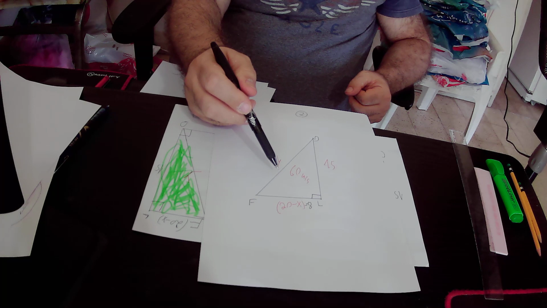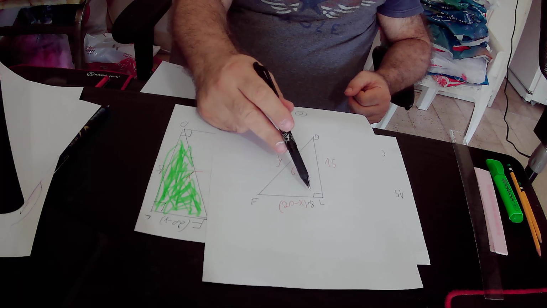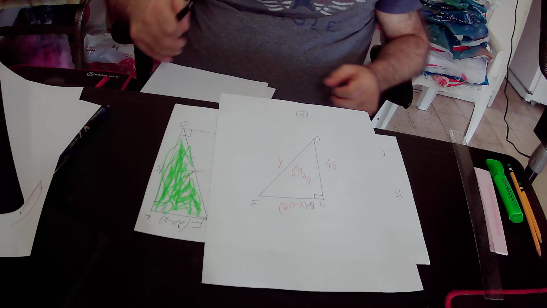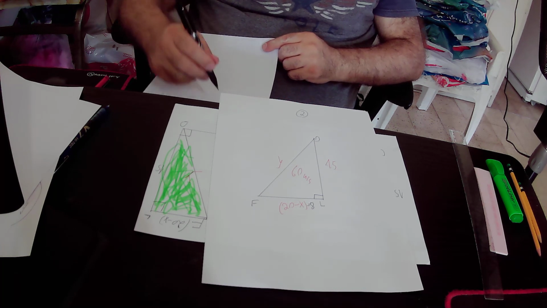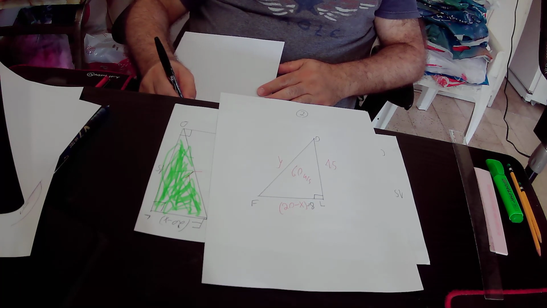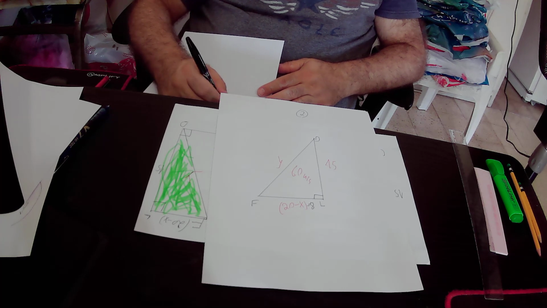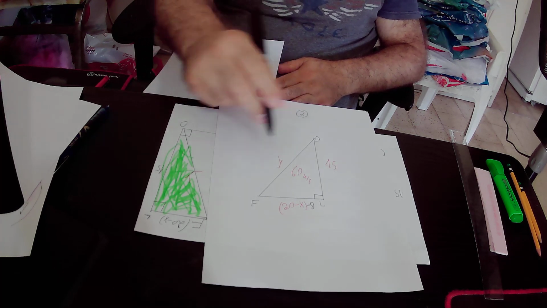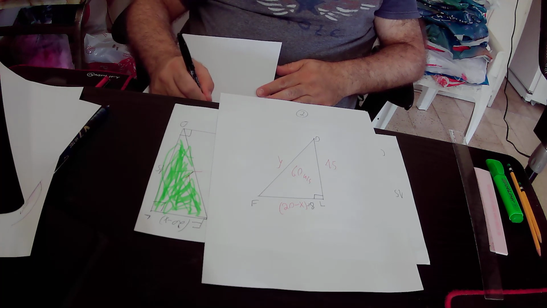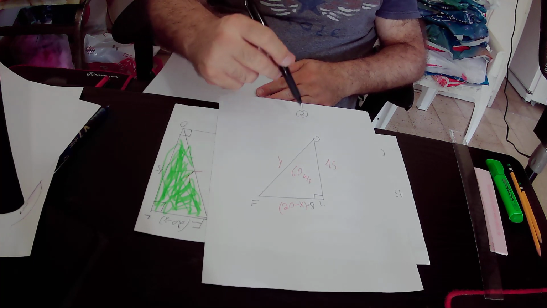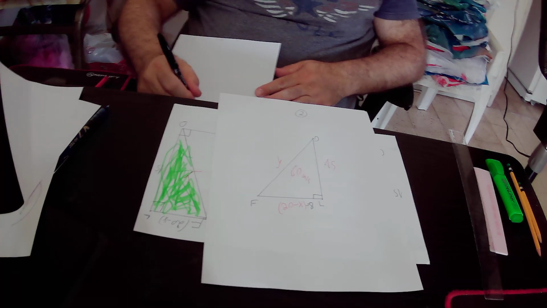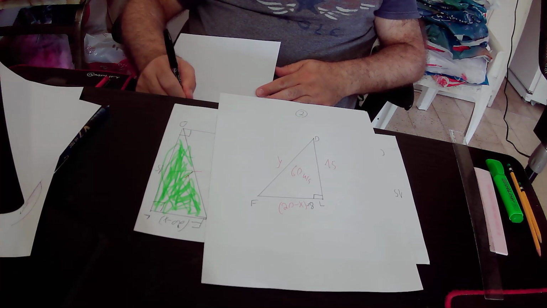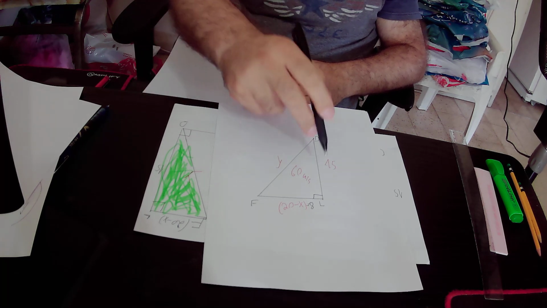So y square equals 15 square plus 8 square. That will be our third equation.